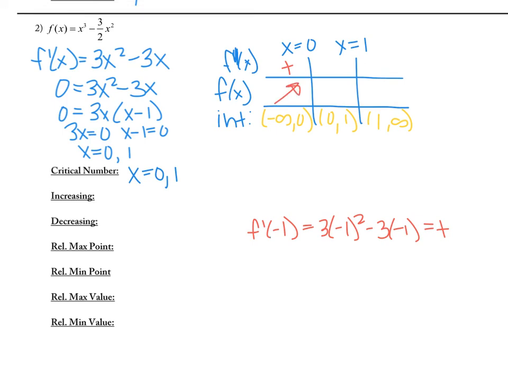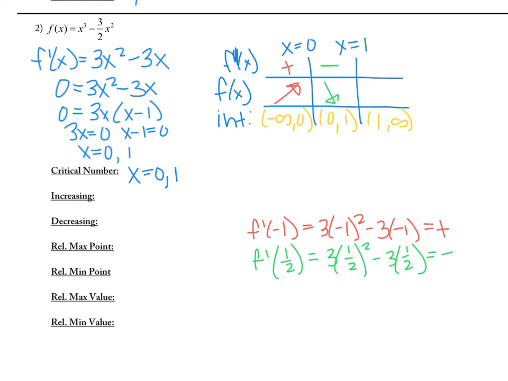Okay. All right, let's test a number in between 0 and 1, so I'm just going to test 1/2. Okay, so 3 times 1/2 squared minus 3 times 1/2. So plug that into your calculators or your brain. Doesn't matter what the number actually is. All we care about is if it's positive or negative. Okay, this is going to be negative, so that means my graph is decreasing.